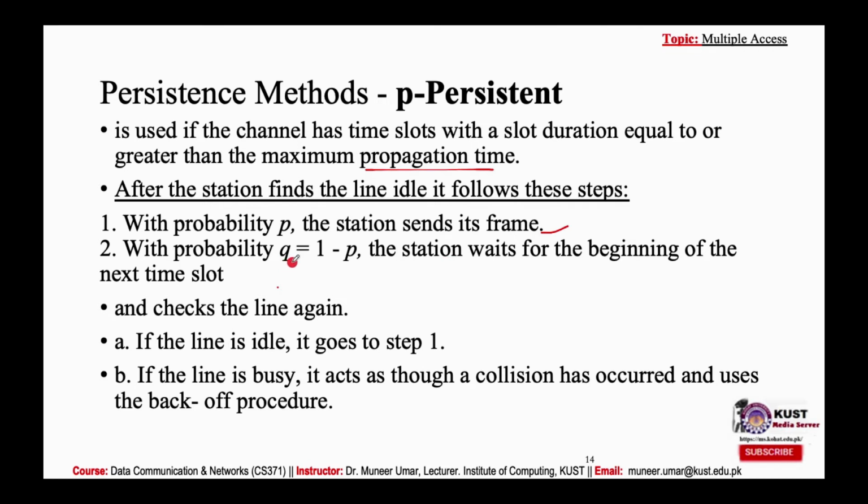With probability q equal to 1 minus p, the station waits for the beginning of the next time slot and checks the line again. Then, if the line is idle, it goes to step 1. If the line is busy, it acts as though a collision has occurred and uses the backoff procedure.